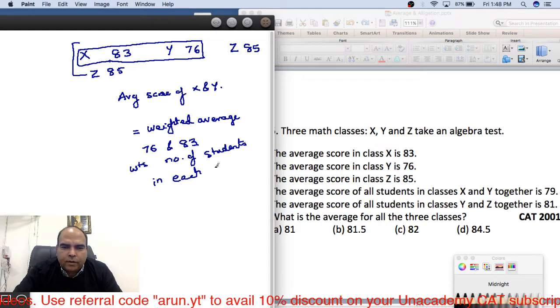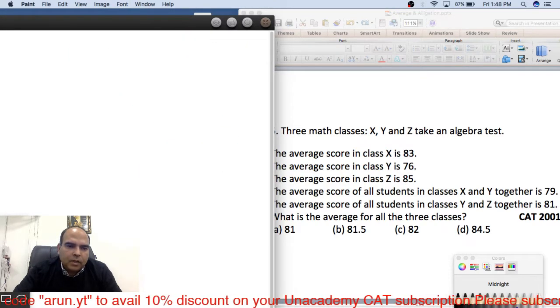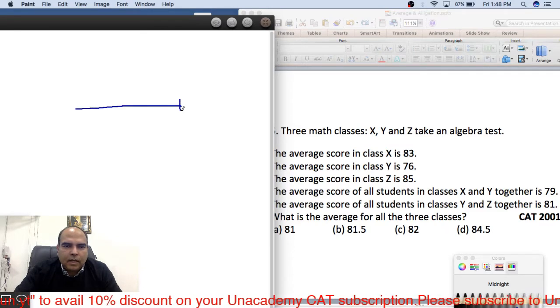So what you can do here, based on this understanding, is use an allocation structure.